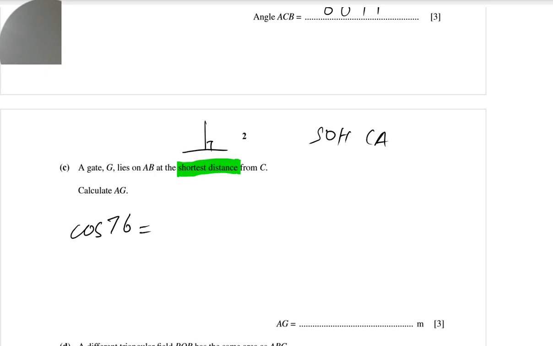So CAH, TOA. So adjacent over hypotenuse. Adjacent is your side AG. Hypotenuse was 55. So your AG would be 55 cos 76. 13.3.